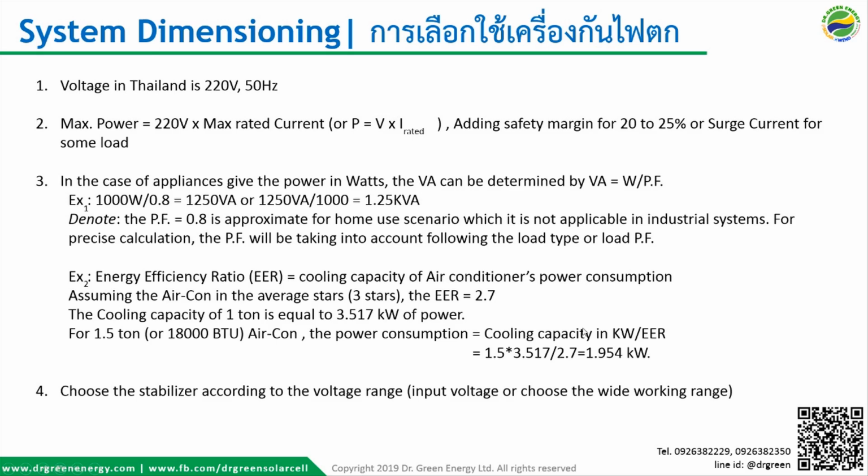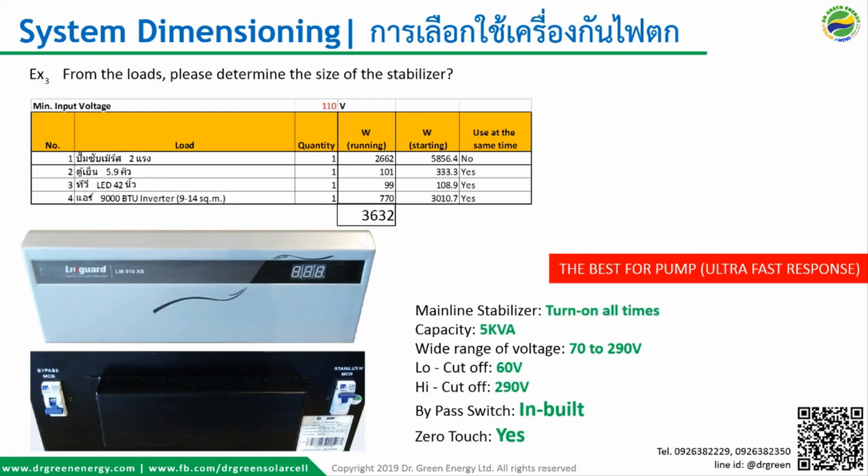So now you can input the wattage into the table to do the system dimensioning, or the stabilizer dimensioning, for your home. In this case, I will give the example where we use a 2 HP submersible pump, a 9.5 cubic refrigerator, a 42 inch television, and a 9000 BTU air conditioner.